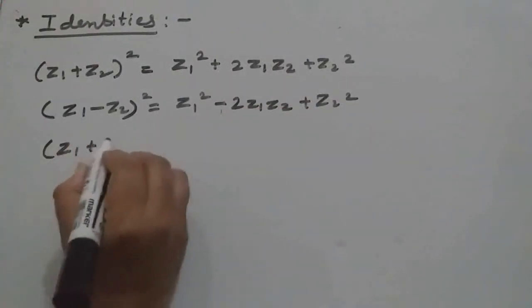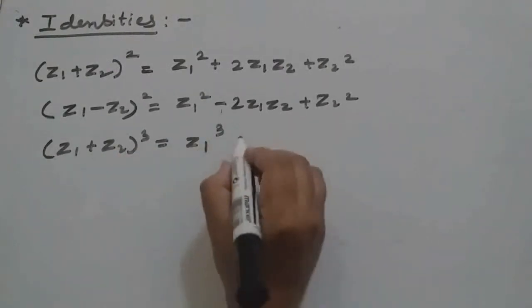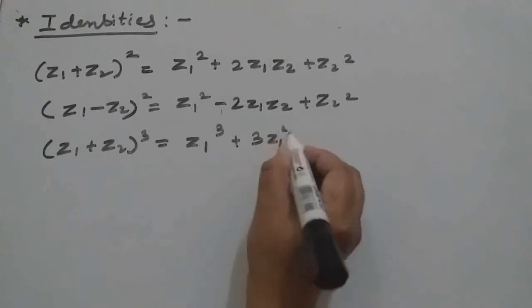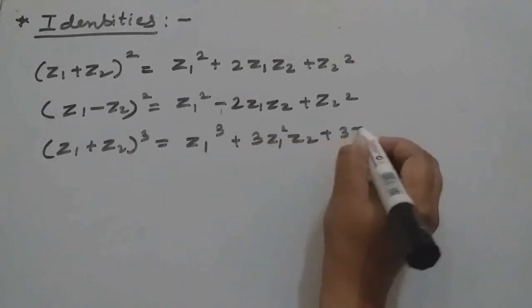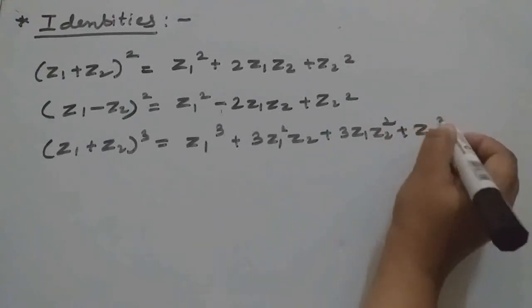Then z1 plus z2 whole cube we can write as z1 cube plus 3 z1 square z2 plus 3 z1 z2 square plus z2 cube.